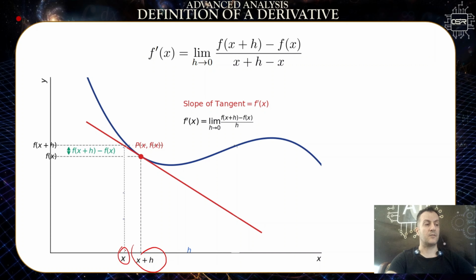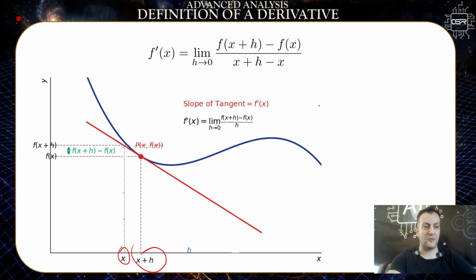Starting at point x, you take a step ahead to x plus h, which is right after x. x plus h is at a very small distance from x. This is the run, or the horizontal distance traveled. Now the rise is f of x plus h minus f of x.